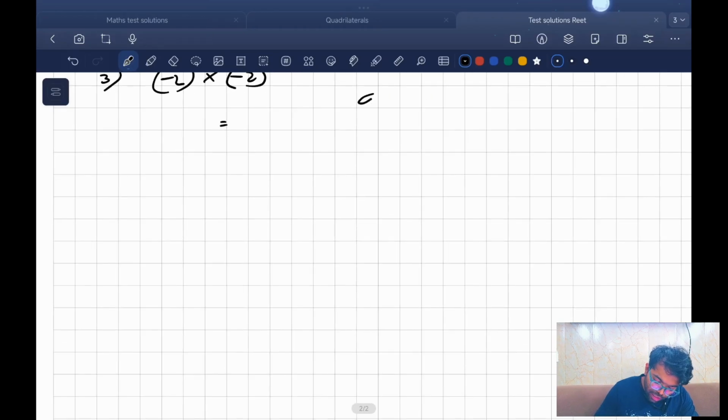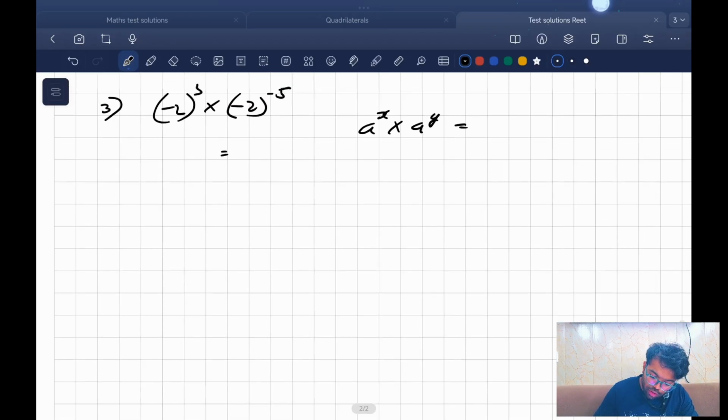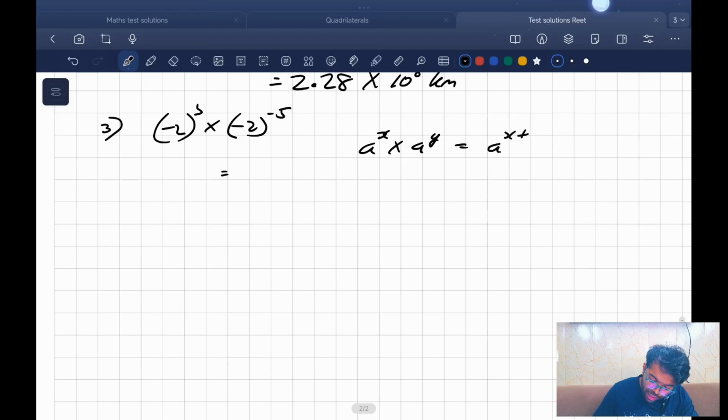So we know that a to the power x multiplied by a to the power of y is equal to a to the power of x plus y. So you will get minus 2 the whole to the power of 3 plus minus 5, which is minus 2 the whole to the power of minus 2.